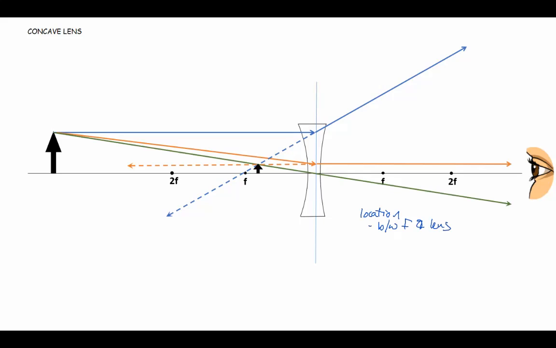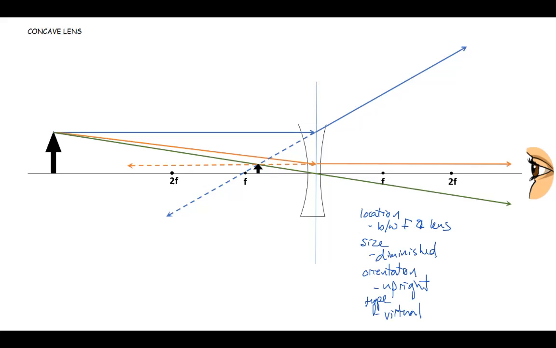When we take a look at the size, this is going to be diminished. When we look at the orientation, this one's going to be upright. And then we finish with type. And as you can see, these are those dotted lines, these are not real light rays, unlike the previous example. So for this particular example, we're going to use virtual.